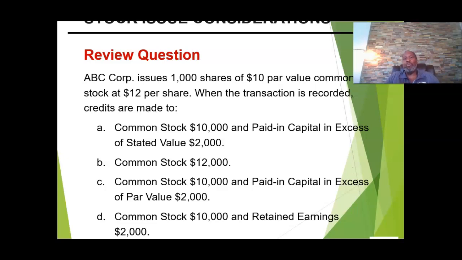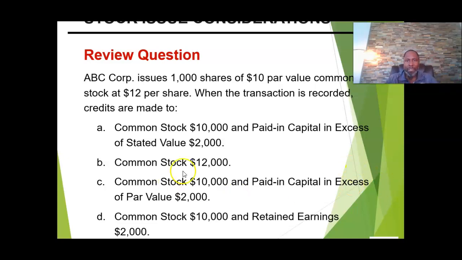So they're going to issue 1,000 shares of $10 par value common stock at $12 per share. Recall that you will always credit common stock at its par value amount, and if the issuance price is higher than the par value, the difference goes to your paid-in capital in excess account.